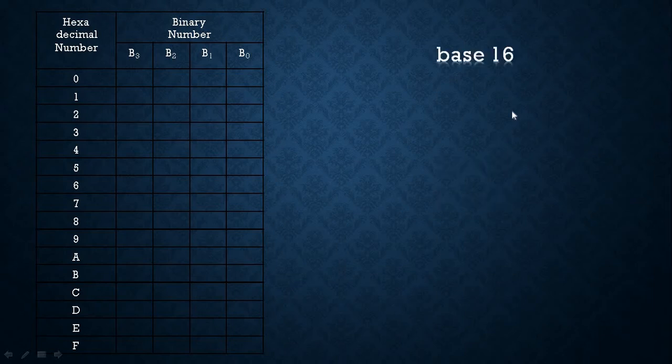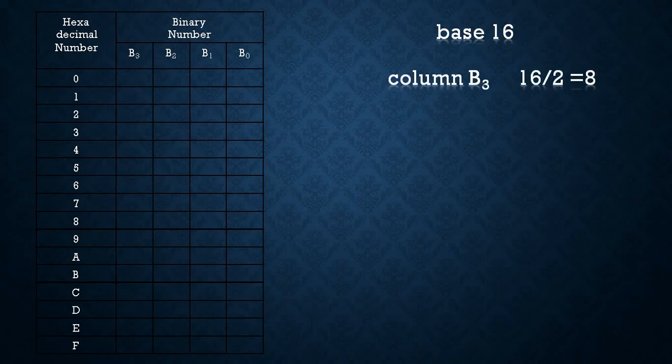Now we focus on the base of the hexadecimal number, which is 16, and the base of the binary number system, which is 2. To create column B3 we divide the base 16 by the base of binary 2. So we get the result 8. This 8 indicates that we have to enter 8 times 0 and 8 times 1 in column B3.